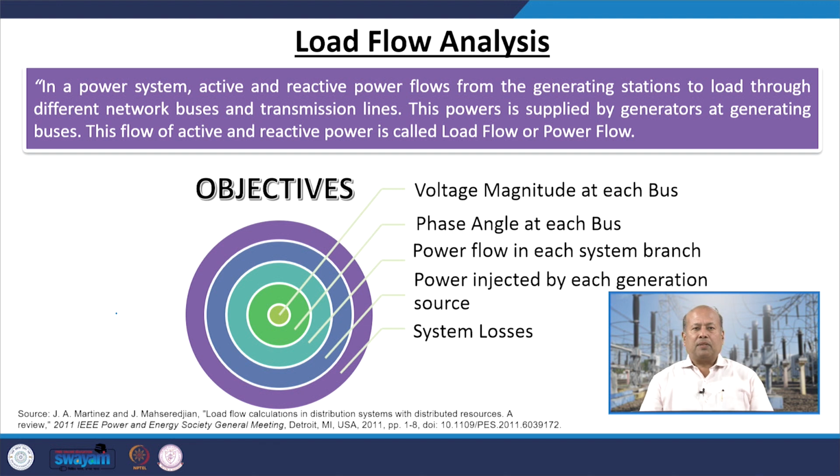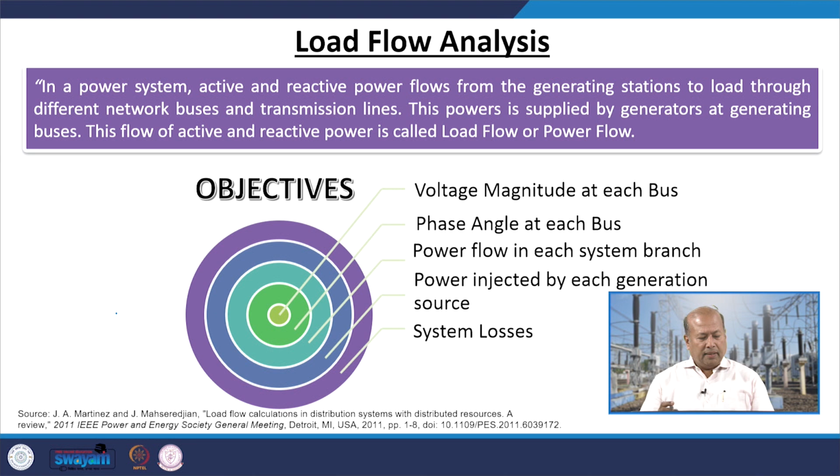Now in any power system, active and reactive power flow from the generating station to load through different network buses and transmission lines. This power is supplied by generators at generating buses, and this flow of active and reactive power is so-called load flow or power flow.